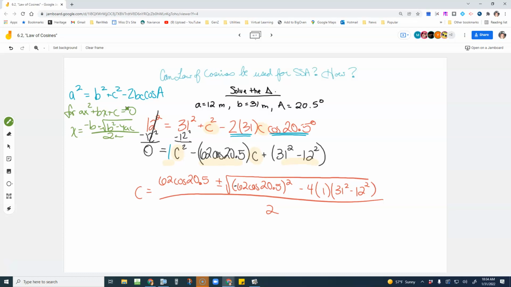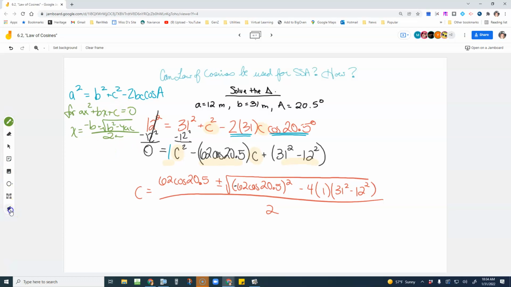Mine wasn't a clear a, b, c, but I did ask what number is in front of the squared variable, a 1. What number or coefficient expression is in front of my other variable? Well, this mess, which is my b. And then what is in my constant spot? Well, that mess, which is c.